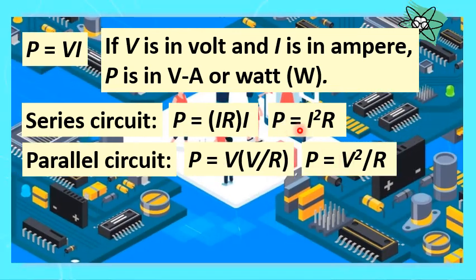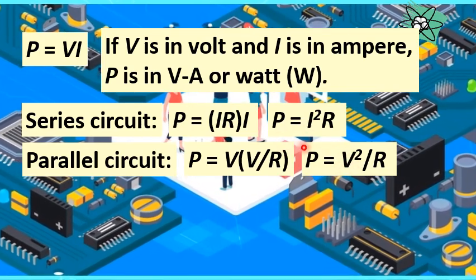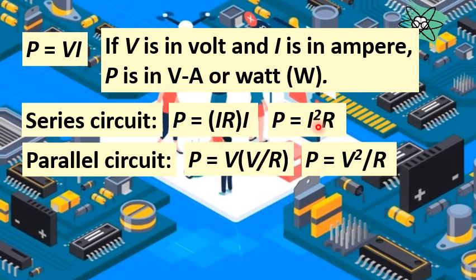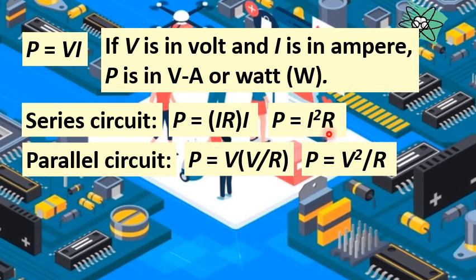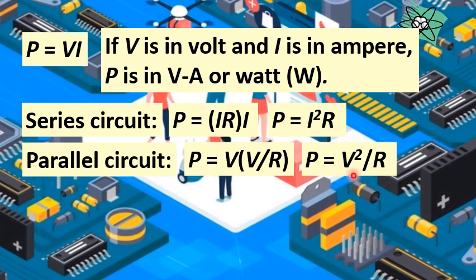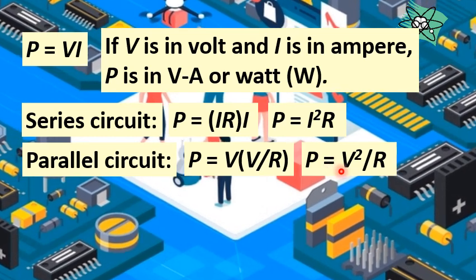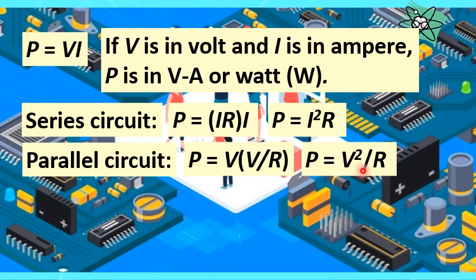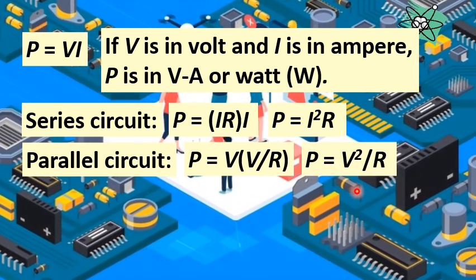You may notice that in series circuit, if the current is constant, then the power is directly proportional to the resistance R. But in parallel circuit, if the voltage is constant, then the power is inversely proportional to the resistance.